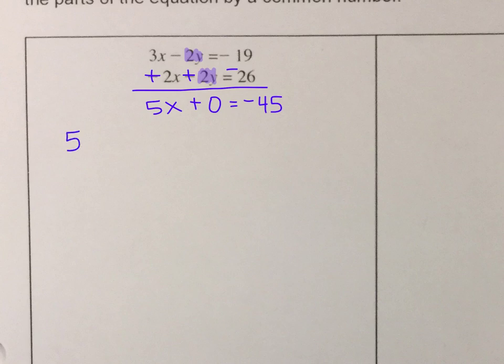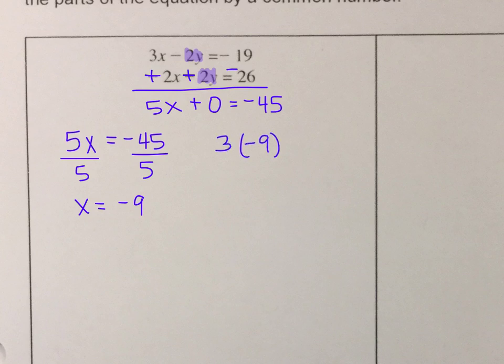So I have 5x equals negative 45. We're going to divide both sides by 5. X is negative 9. Then we're just going to take our x and plug it into the top. 3 times negative 9 minus 2y equals negative 19.